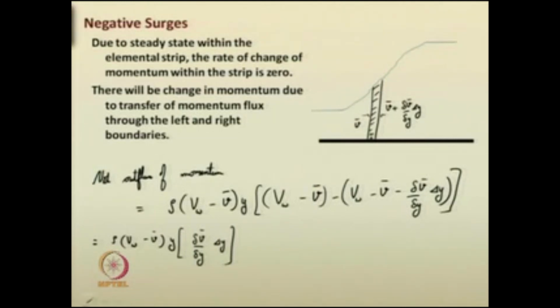This net outflux of momentum is equal to the net force in the system. So, the net force acting in the system sigma f, I hope you recall them, this is nothing but rho g times (y plus del y) whole squared minus y squared, by 2. This you have already found out. So, the same thing you have to equate now with the net outflux of momentum.